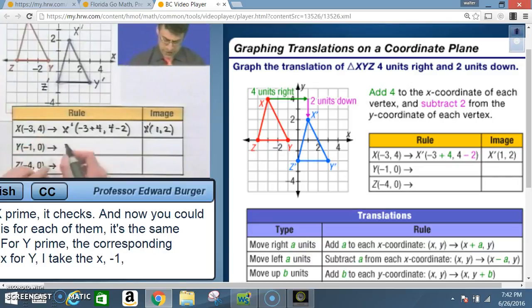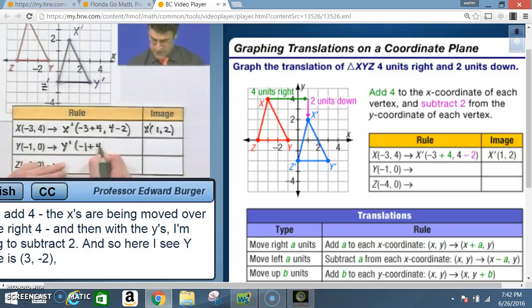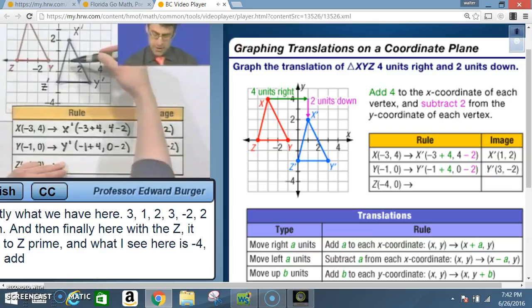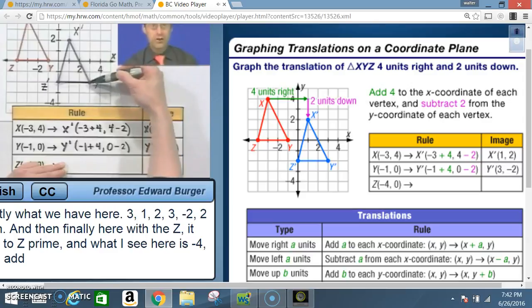Now you can do this for each of them. It's the same rule. For Y prime, the corresponding vertex for Y, I take the x, negative 1, and add 4. The x's are being moved over to the right 4. And with the y's, I subtract 2. So Y prime is 3, comma, negative 2, exactly what we have here: 1, 2, 3, negative 2, 2 down.